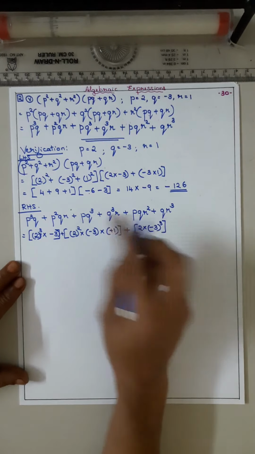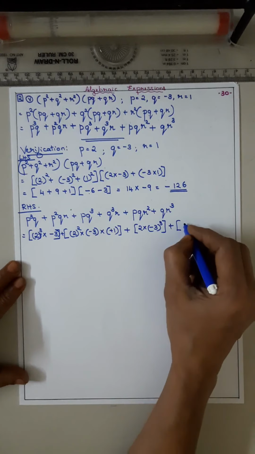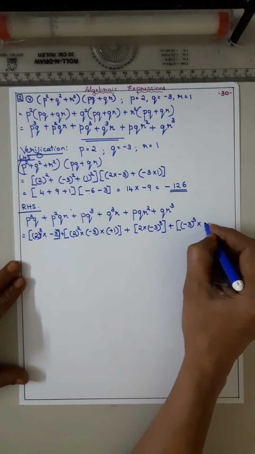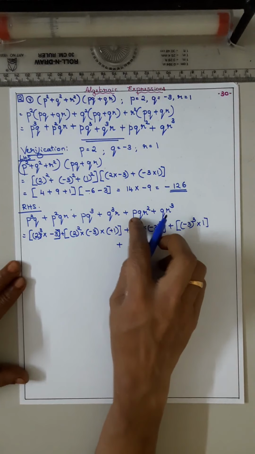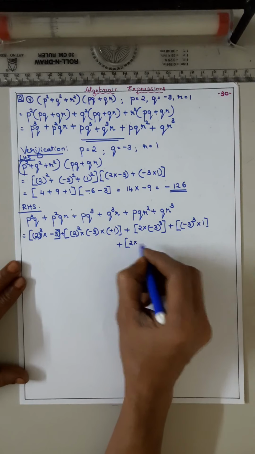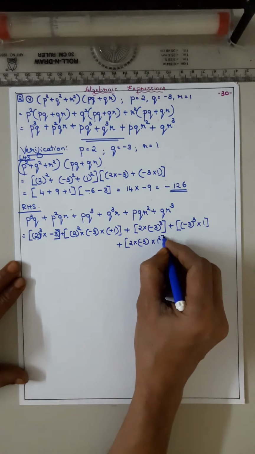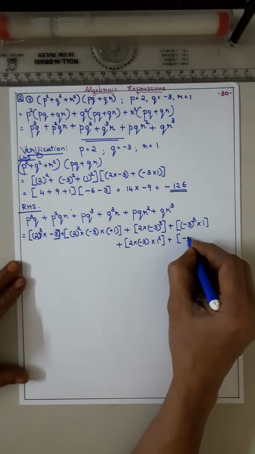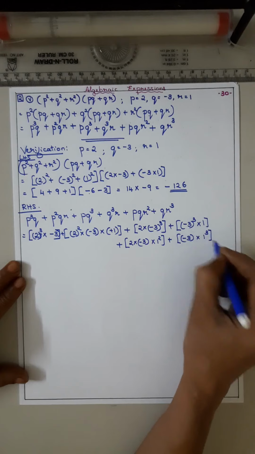So we have finished this. Now here it is Q is minus 3 cube into R is 1. Now again PQR squared, P is 2, Q is minus 3, R squared is 1 squared, plus Q is minus 3 and R cube, that is 1 cube.